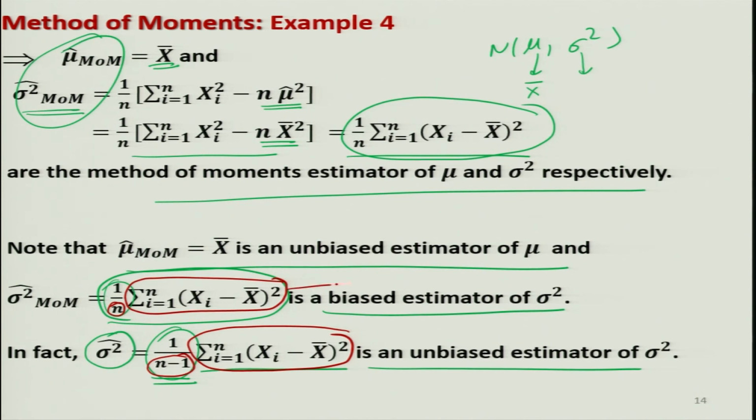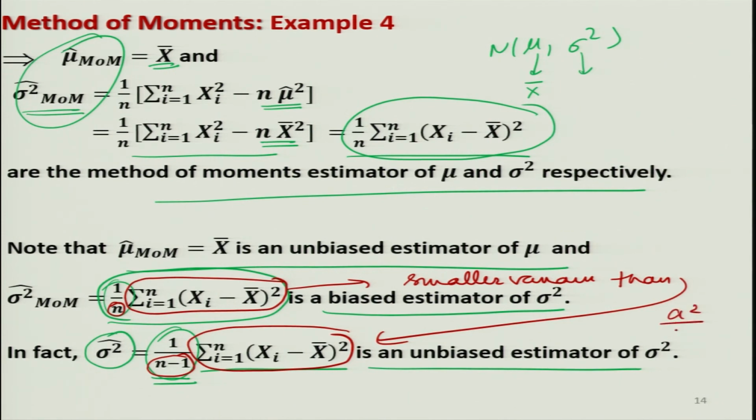So, obviously, this estimator will have a smaller variance than this. Why? If you take some quantity a square and divide it by 9, or a square divided by 10, which is the smaller quantity? That is a very simple thing to understand.